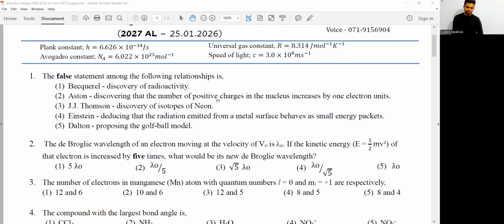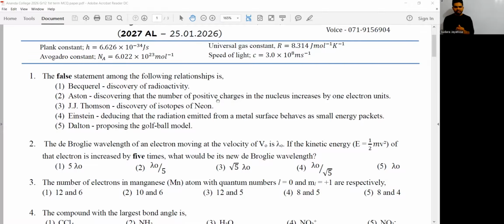Earlier they were called energy packets, quanta, by Max Planck, but Einstein gave a new overview to this. He called it a particle of energy. Okay, you can write photon, put a dash and write particle of energy.